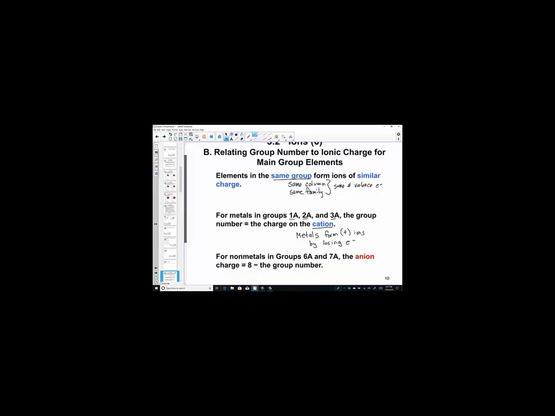And the nonmetals gain electrons. They form anions. So we're learning that nonmetals will always gain electrons, and when they gain electrons, that means they form negatively charged anions.